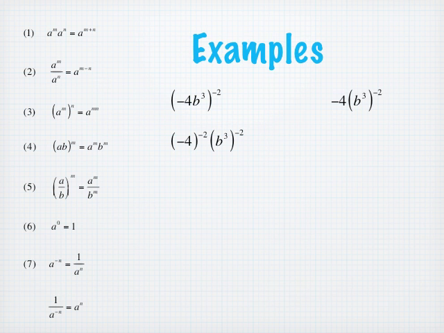So that'd be negative 4 to the negative 2 and b to the third to the negative 2. Now remember what a negative exponent means. If it's in the numerator, it wants to move to the denominator. Well, I don't have a numerator or denominator, so I think of it as being over 1. So when I move it, it leaves 1 behind, so I have 1 over negative 4 squared, b to the third squared. When they move, the sign comes off of the exponent.